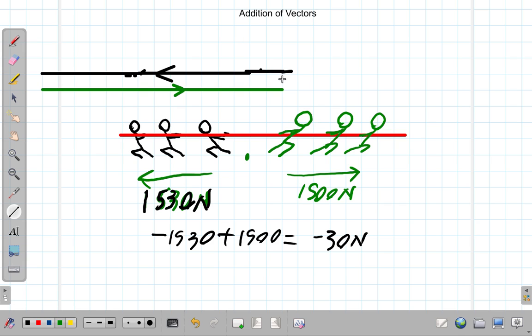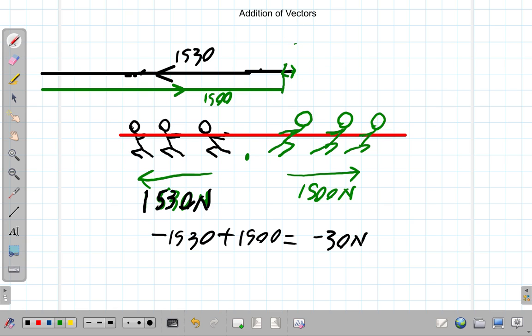So what you have in this case is 1530 to the left and 1500 to the right, and this now is the 30 that the black team wins by. Alright?